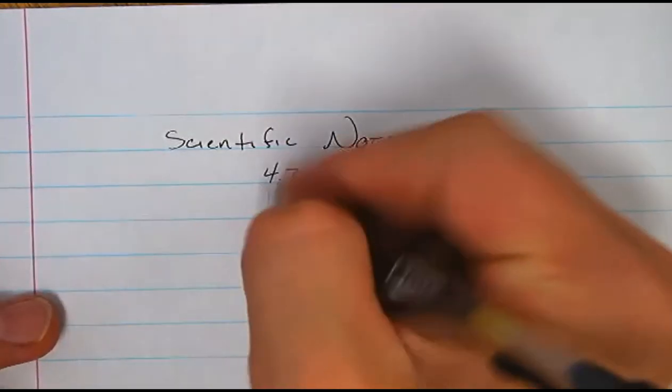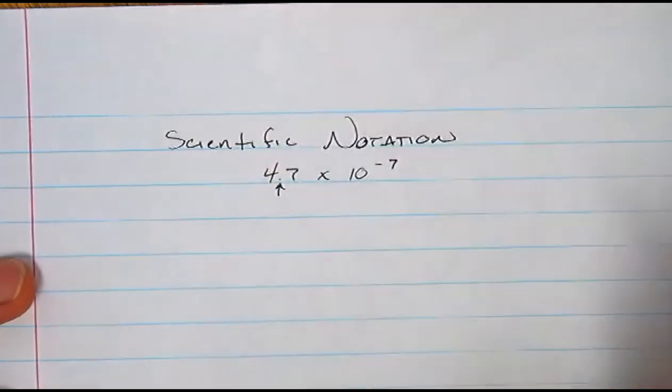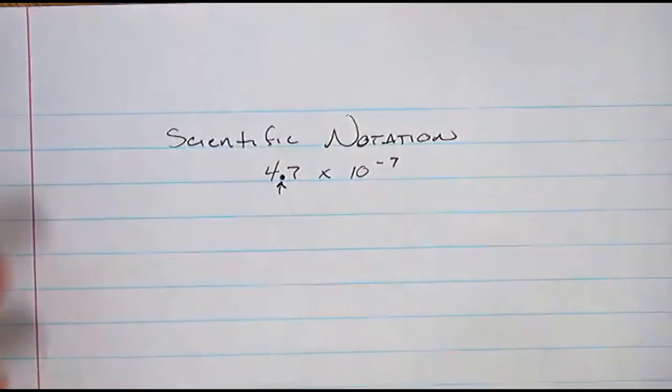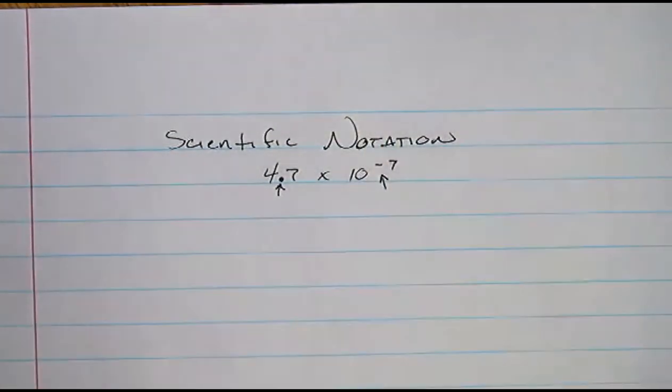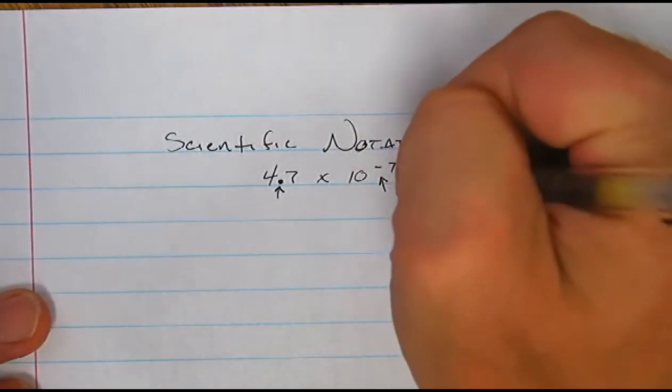So you have your decimal here. It's all focused on the decimal. The decimal is where we're going to start working from. And then this tells us which way, and this tells us how many.